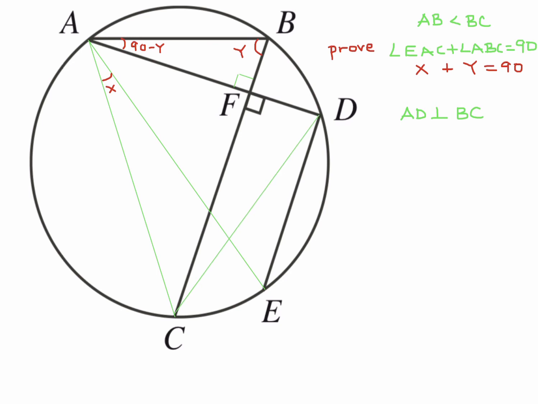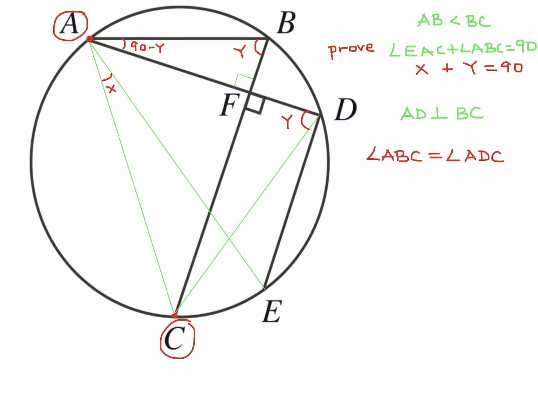When you do that, you will notice the following. That ABC is equal to ADC. Angle ABC is equal to angle ADC. Now, why? Why is that true? ABC is right here, it's y, and that's equal to ADC, this guy. That is y also. But what is the reason? How did I get that? Well, the reason is because both of them are angles created from the same 2 points on the circle. And those 2 points I'm referring to are A, which is right here, and C, right there.